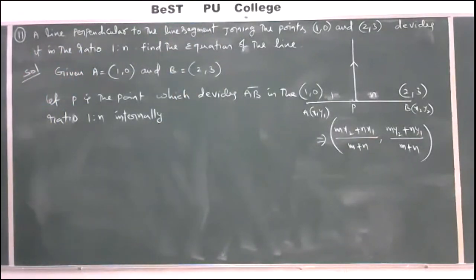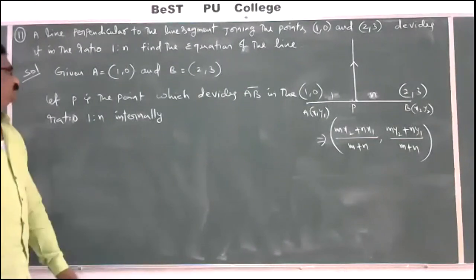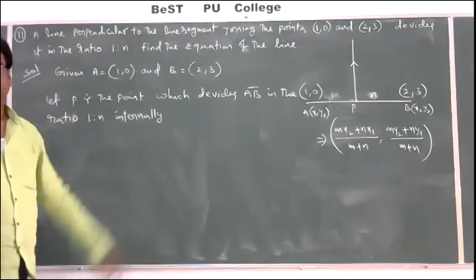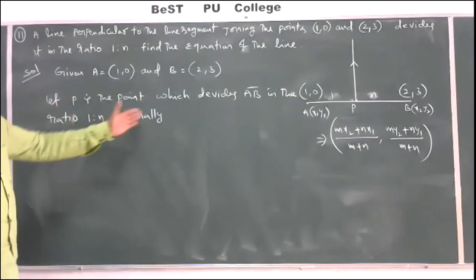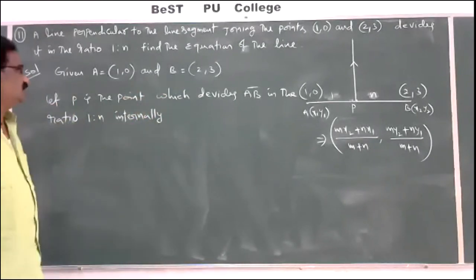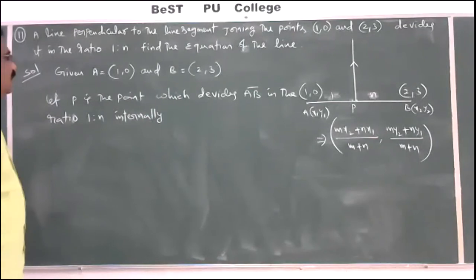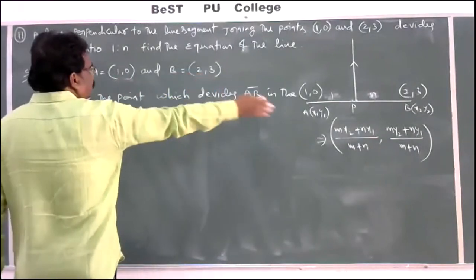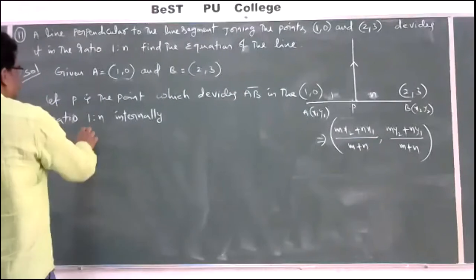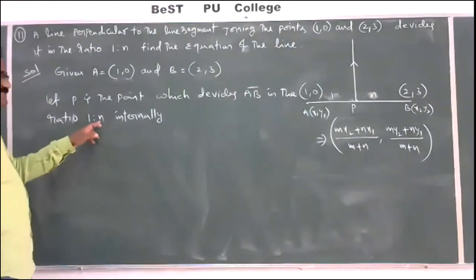So in geometry, steps are very, very important. First draw the figure on the right hand side. Then let P be the point which divides AB in the ratio 1:n internally. That is, this is x1, y1 and this is x2, y2. Apply the formula, where 1 is m, n is n.